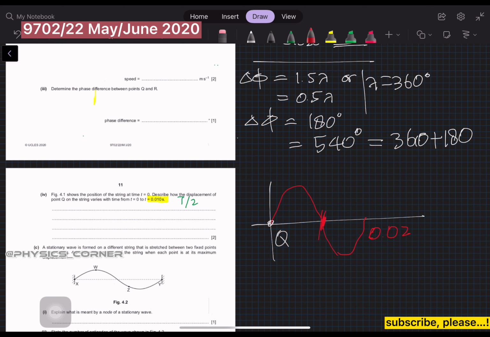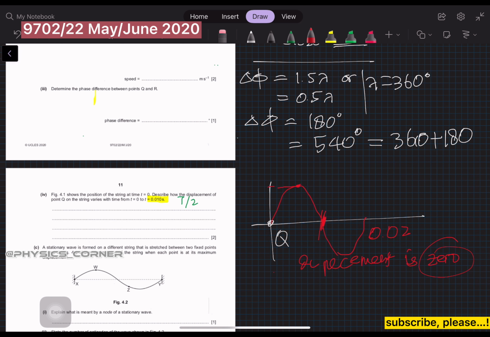Until this point, the same as a half lambda, the displacement is 0, or zero amplitude.